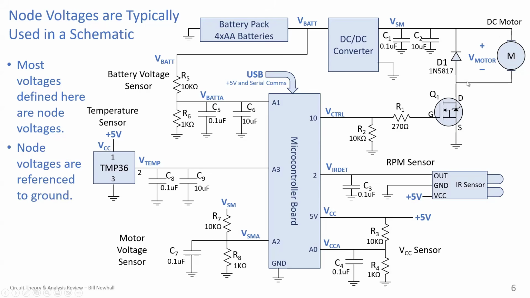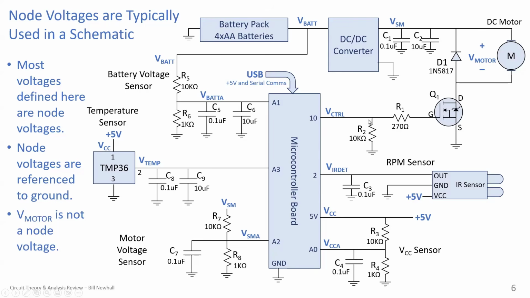Directly at the terminals of this motor, neither is connected to ground. And so we're going to want to either measure or determine the voltage across the motor, so we have to put an explicit polarity there, plus minus V motor. When you don't have a node voltage, you have to write those polarities. So V motor is not a node voltage. I think every other voltage indicated here is a node voltage.